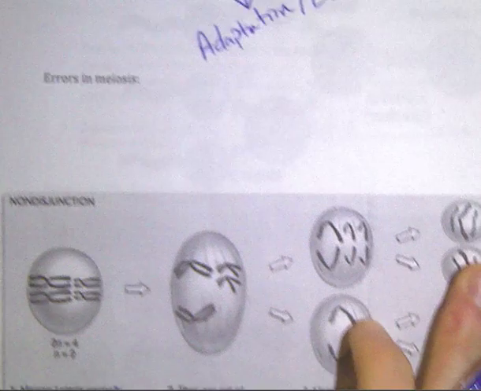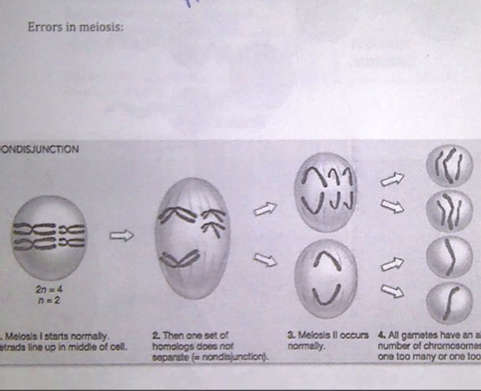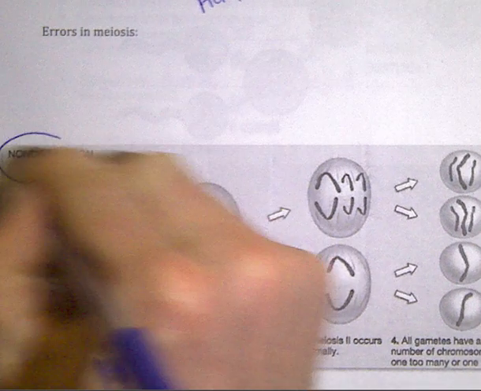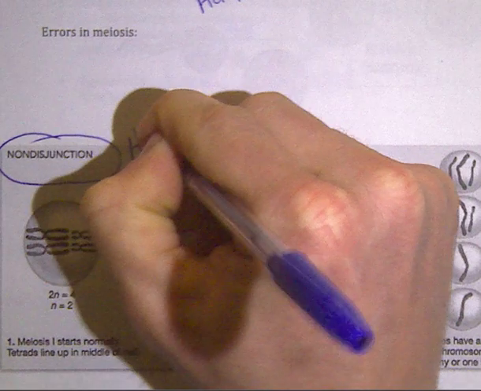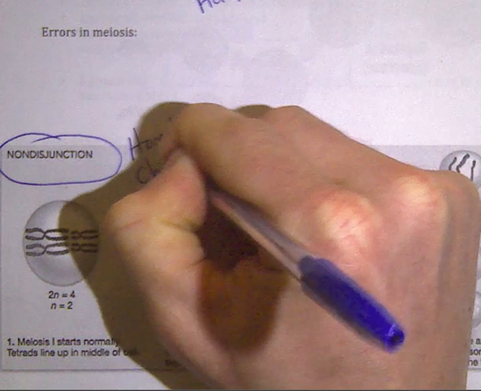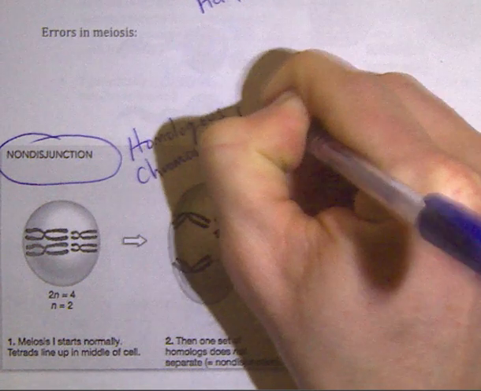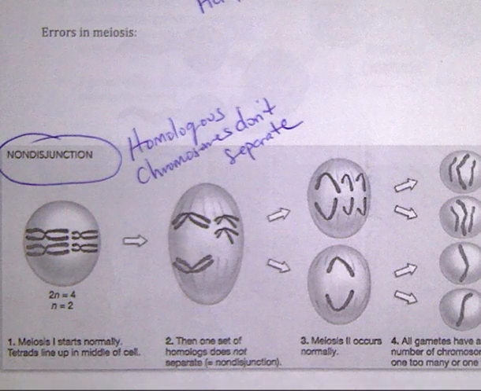Now, this process doesn't always happen perfectly. Sometimes our homologous chromosomes do not spread apart or do not separate. That's called non-disjunction. So homologous chromosomes don't separate. Okay?